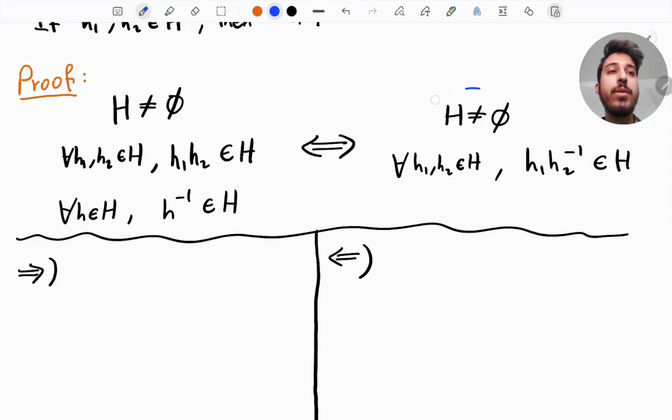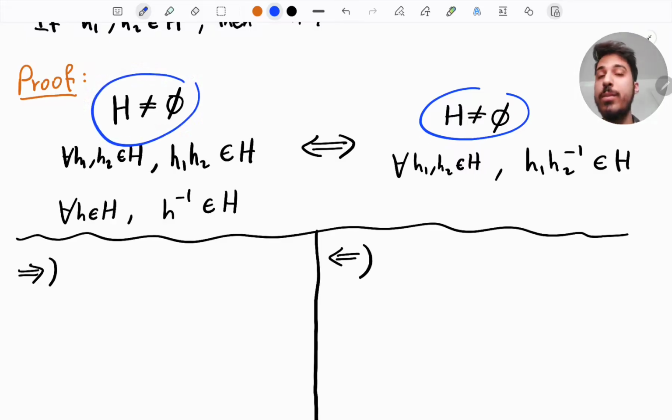So to prove the first property, notice that we've already assumed that H is non-empty. So by default, it's automatically proven.